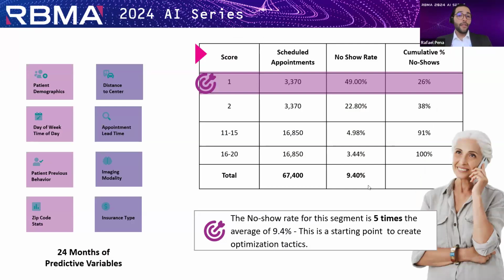Insurance type, the amount of out-of-pocket expense that the patient will have to incur at the moment of the appointment, the imaging modality, sorry, if it's a screening exam or a diagnostic exam, the appointment lead time, among other things. We just wanted to mention a few of them.